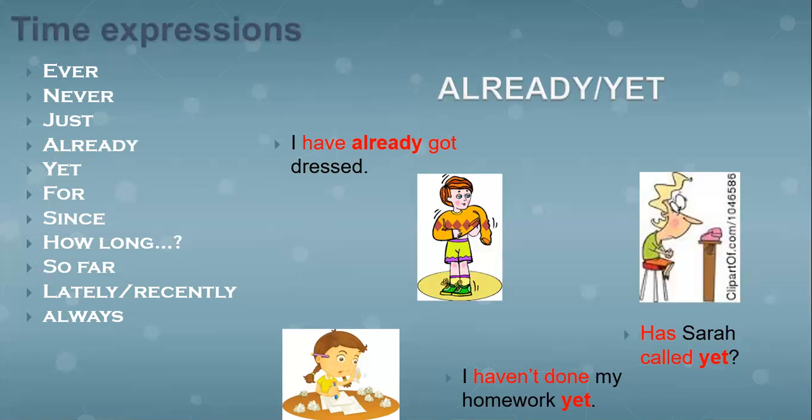I say, yes, she has already called. Or I say, no, she hasn't called yet. Excellent. So if it's a negative sentence or a question, I use yet. If the sentence is positive, I exchange yet with already. Easy? Okay.